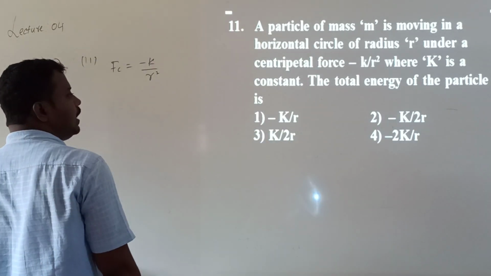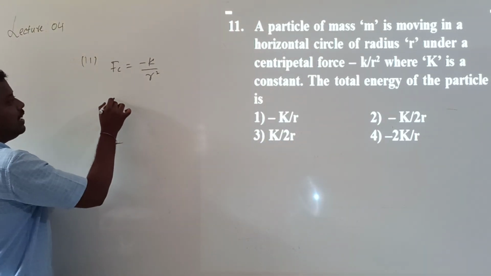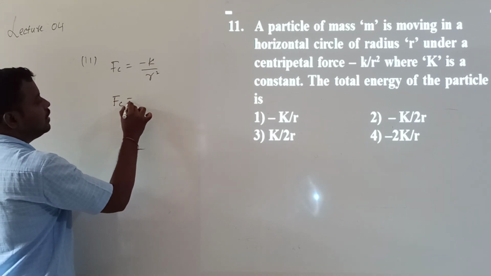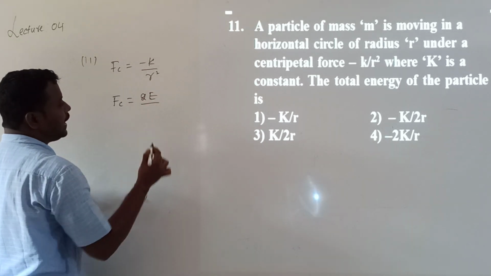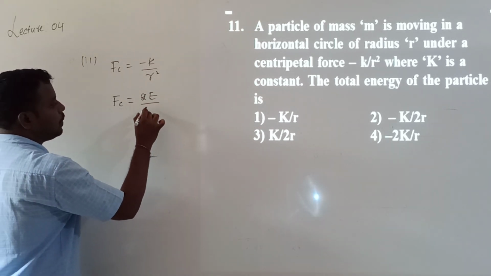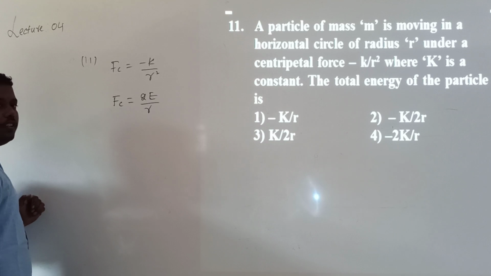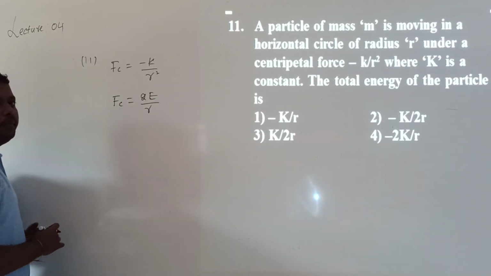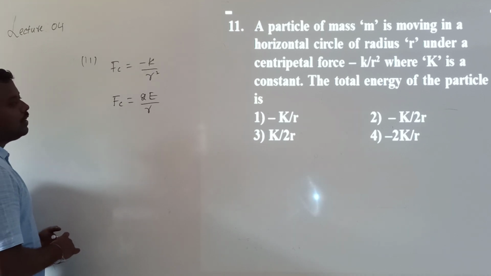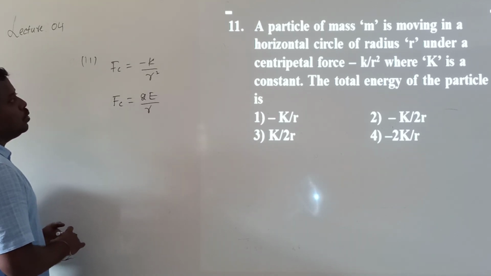Now they are asking us to calculate the total energy. Yesterday we derived one relation between centripetal force and kinetic energy. Whenever a particle having a kinetic energy E is rotating in a circular path of radius r, the centripetal force formula is given by Fc equal to 2 into E divided by r.